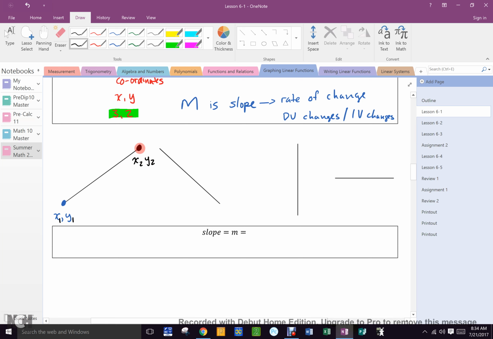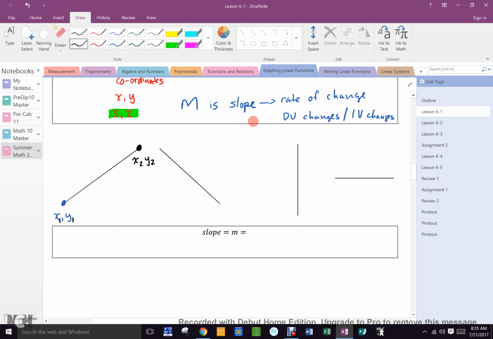Remember, my change has to be my dependent variable changes divided by my independent variable changes. So which is my dependent variable, X or Y? Y, right? So we know that slopes have to be the dv over the iv, correct?